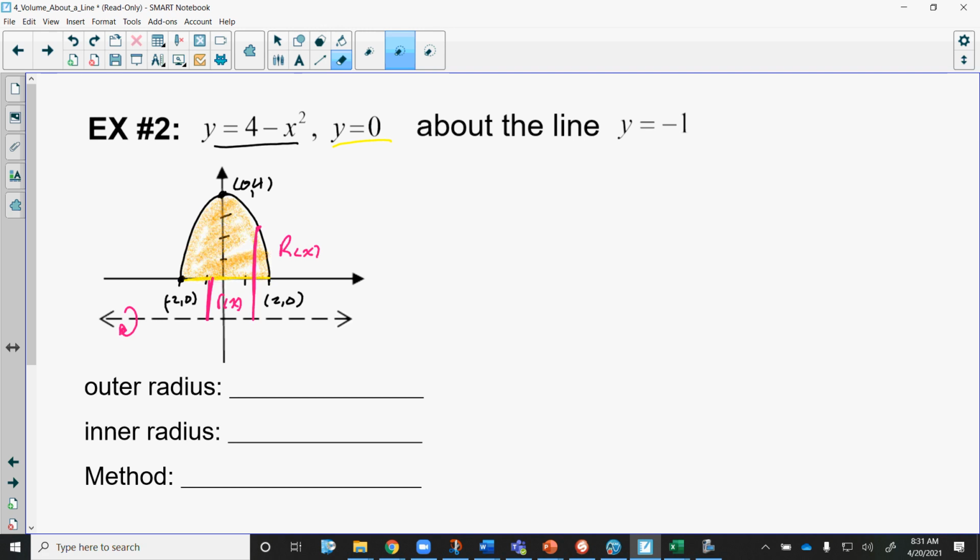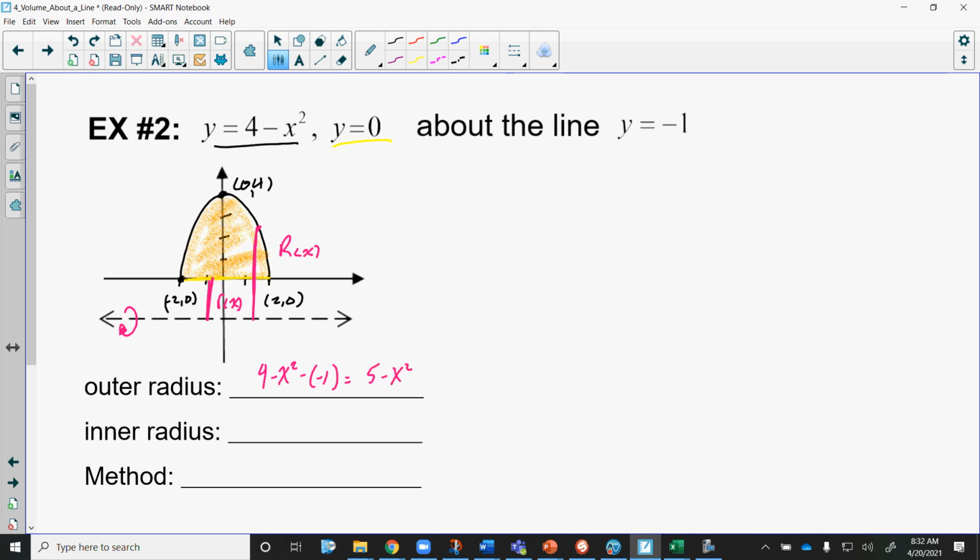I'm going to take my function and subtract the line that we're rotating it around. So the outer radius is the parabola, so that will be 4 minus x squared minus the line that we're rotating it around, in this case minus -1. So that would work out to be 5 minus x squared.